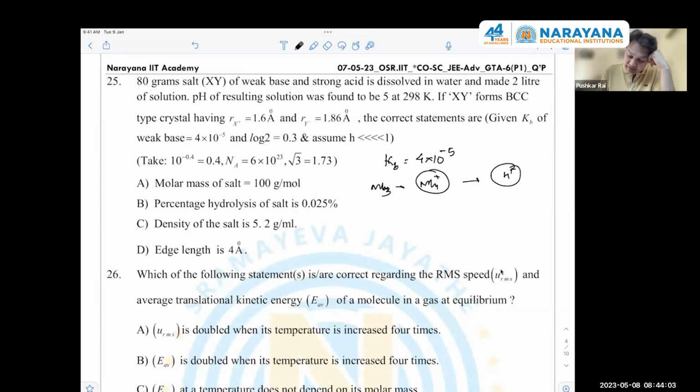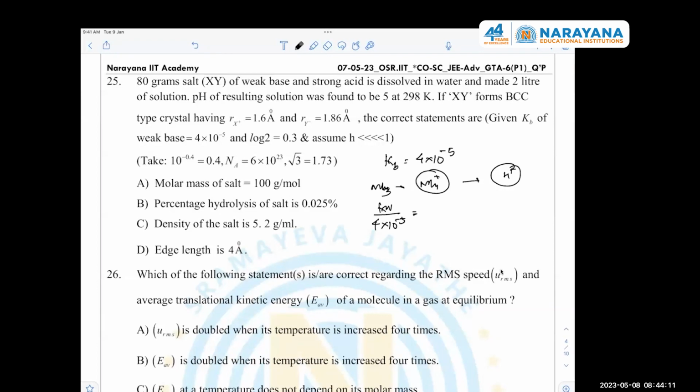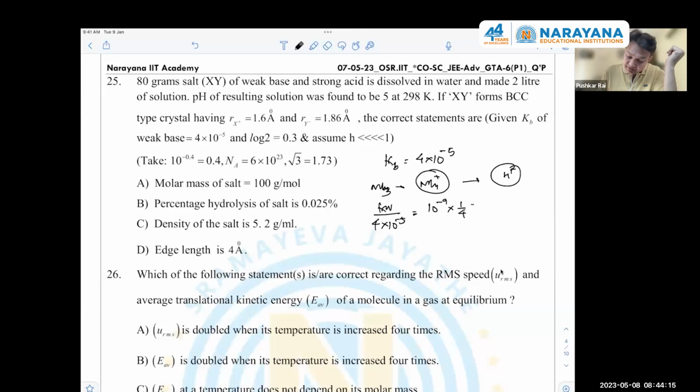So K of this acid is equal to Kw upon 4 into 10 to the power minus 5, which is equal to 10 to the power minus 9 into 1 by 4. This is the K. And I will just make my calculation faster. I don't really need to assume H is very, very much less than this, because it has been given that the pH of the resulting solution was found to be this.